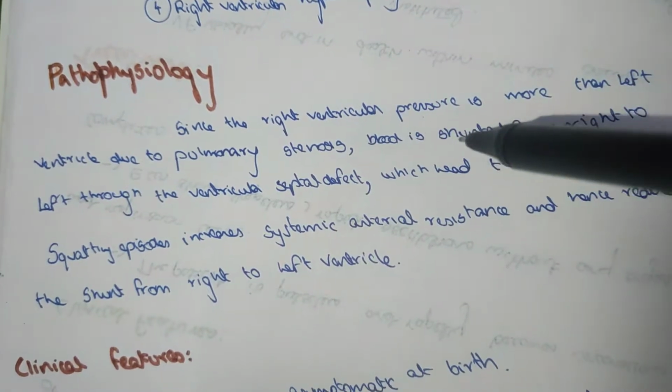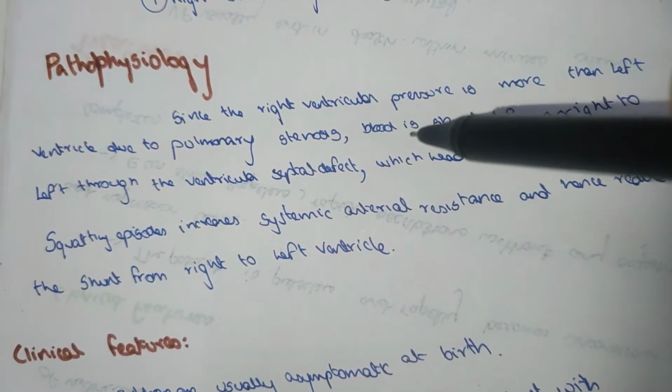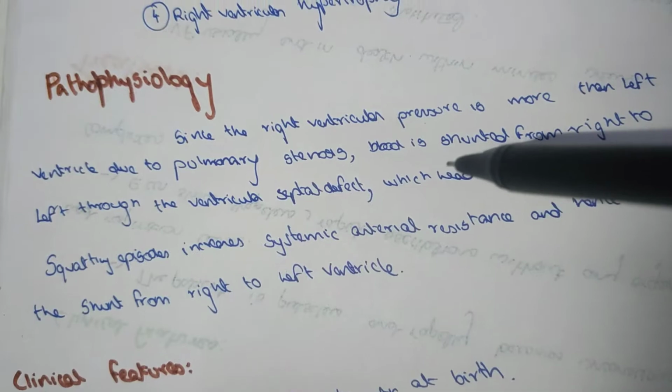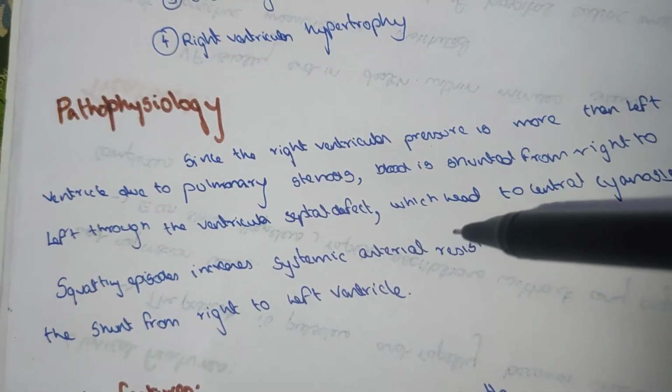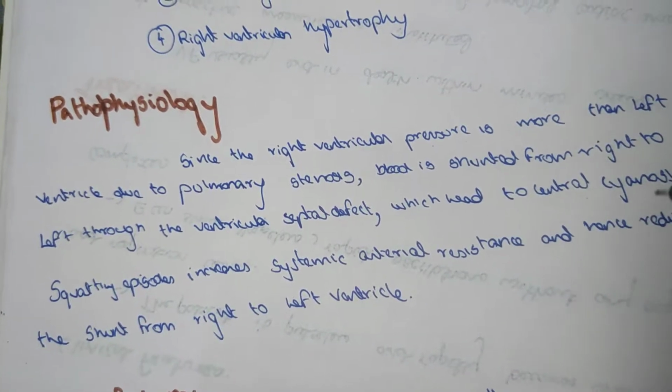Pathology. Since the right ventricular pressure is more than the left ventricular pressure due to pulmonary stenosis, the blood is shunted from right to left through the ventricular septal defect, which leads to central cyanosis.